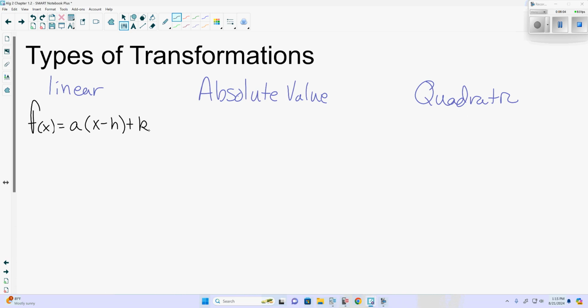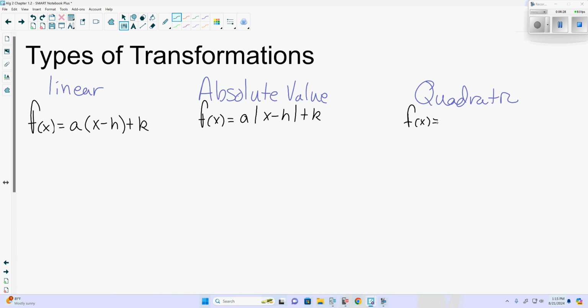Absolute value is equal to a absolute value of x minus h plus k. Kind of looks the same, but this time we have our absolute values, yes? Quadratic.